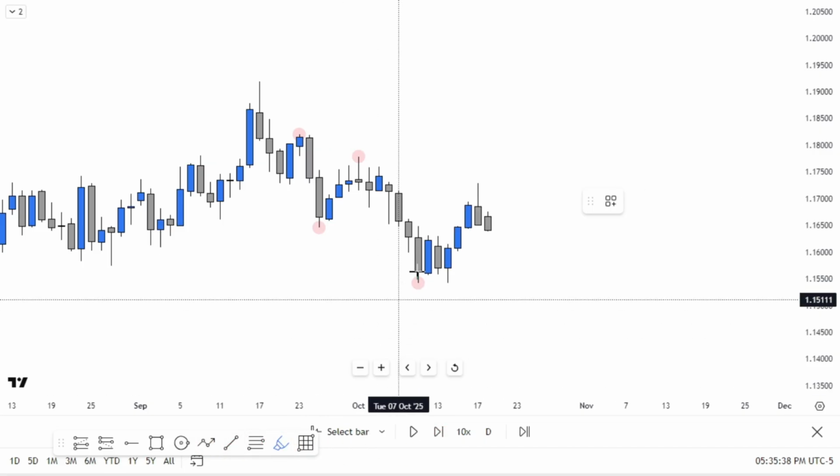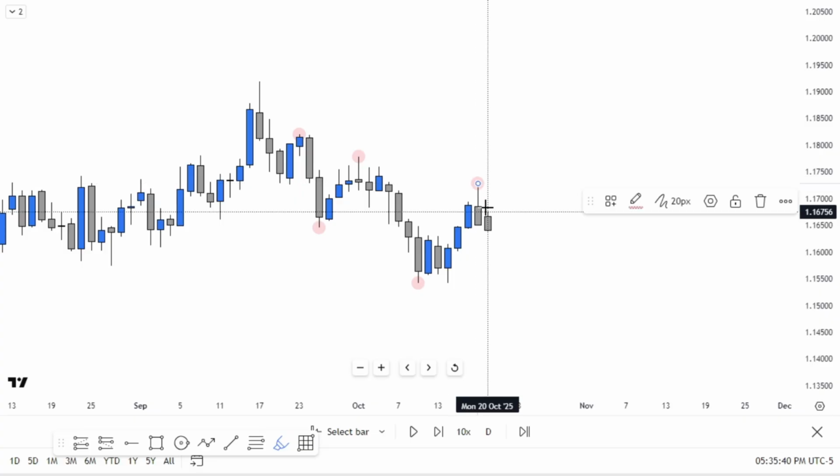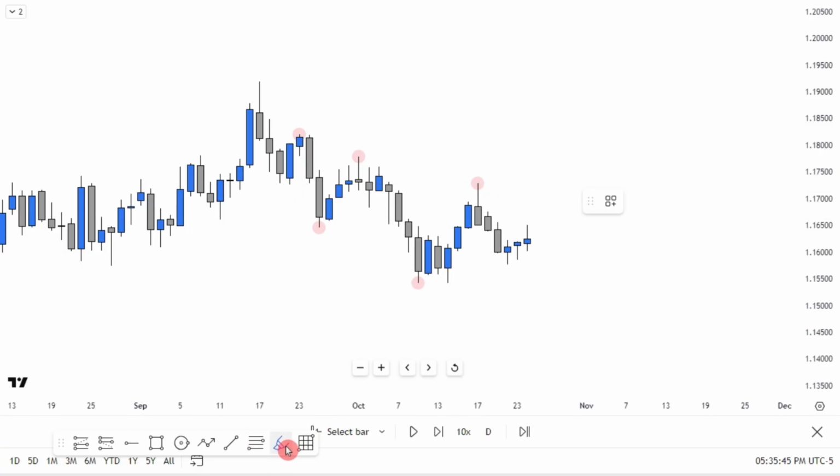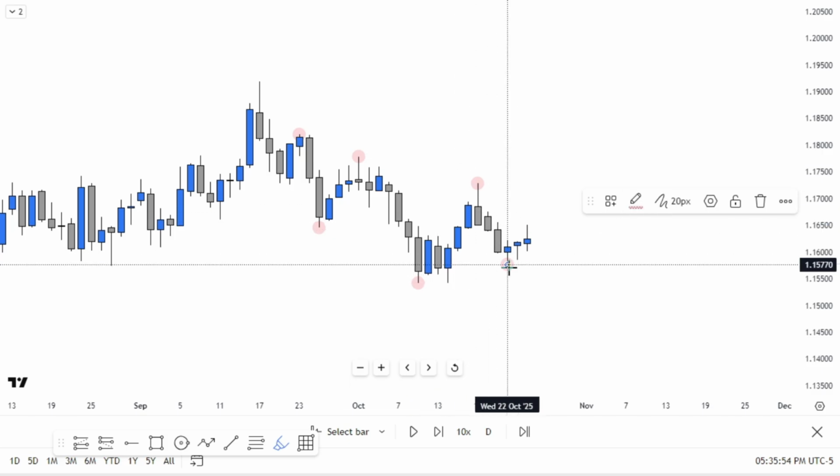Then price chases back up to make a lower high. And then price doesn't make a lower low. It doesn't break below this low to make a lower low. It comes here to make a higher low.